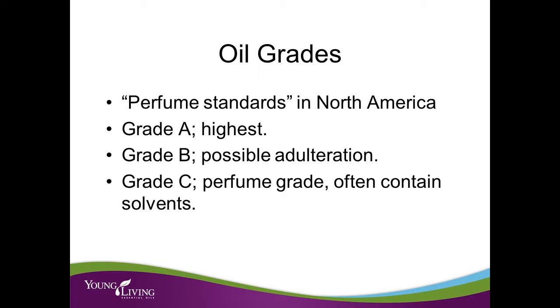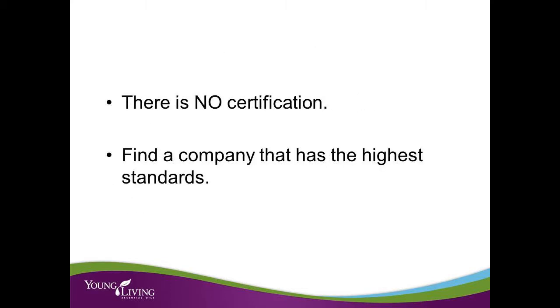Solvents, of course, are toxic and can be cancerous. The bottom line is this: there is no certification for essential oils anywhere in the world. So you want to make sure that you are choosing the best oils and using a company that has absolutely no questionable standards in the creation and production of their product.